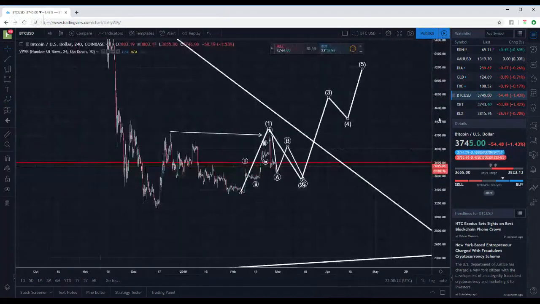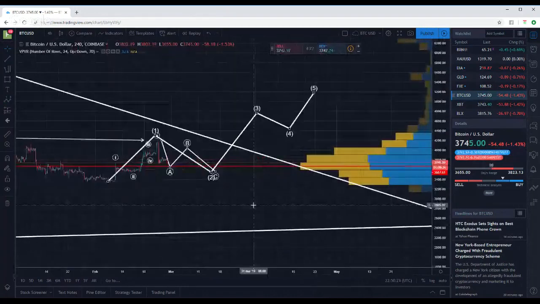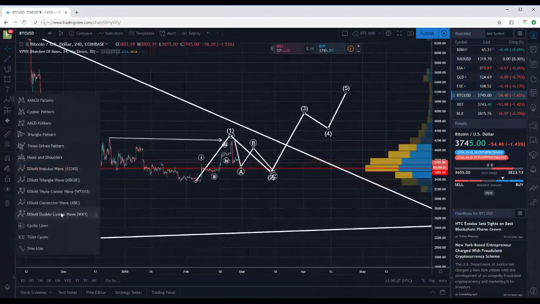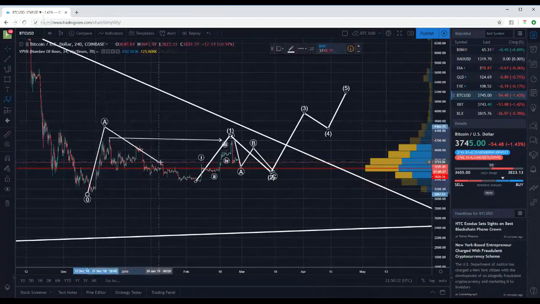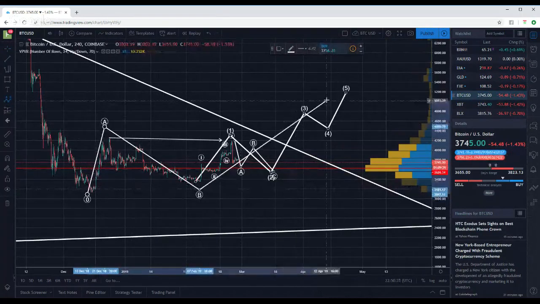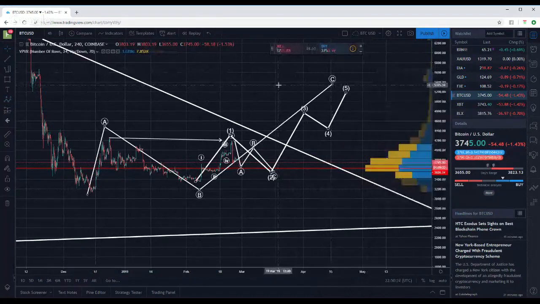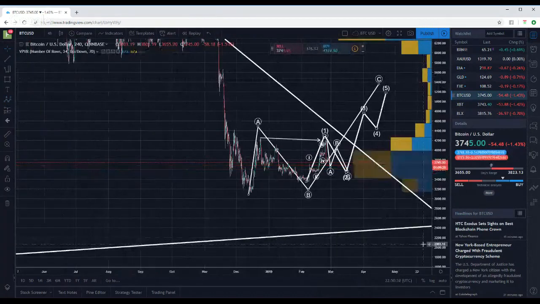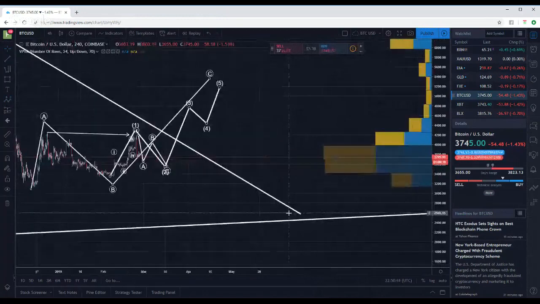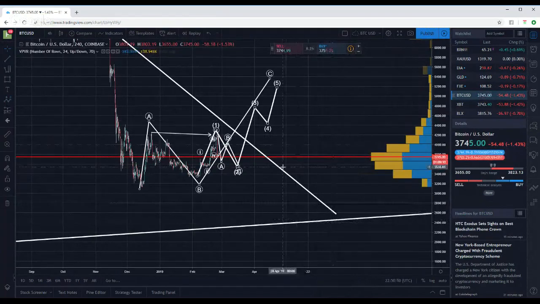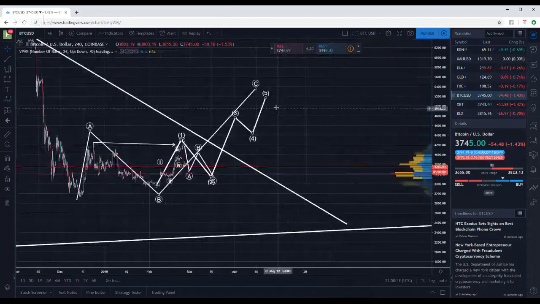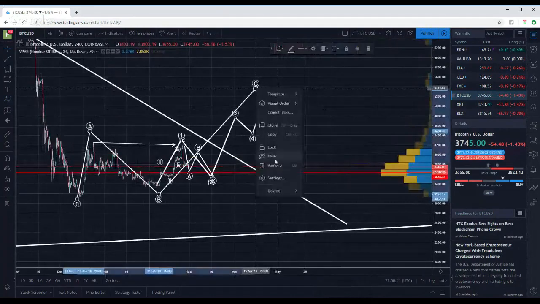Basically what this would be in the larger degree, if this is to play out, would be a very big A, B, C for our fourth wave coming down for our 5, which lines up absolutely beautifully with touching this trend line here at about 2,400. So that is the bullish count as of right now, or one of the bullish counts.